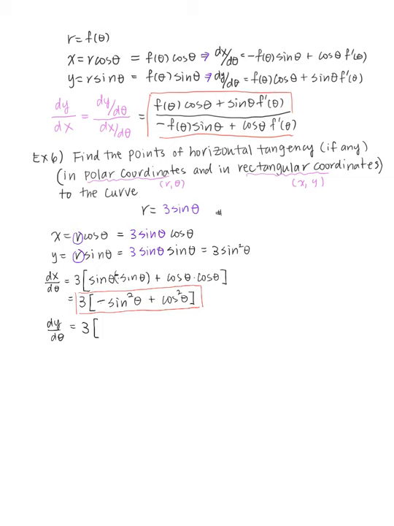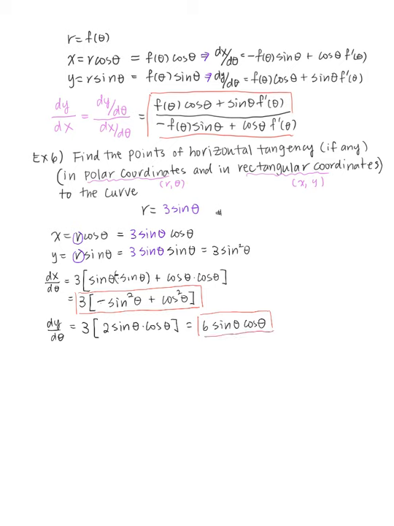We apply the power rule first, which is 2 times sine of theta to the first power, multiplying by the derivative of sine, which is cosine of theta. So what do we get? We're going to have 6 sine of theta cosine of theta. So that is our dy over d theta. I'm going to box that as well.